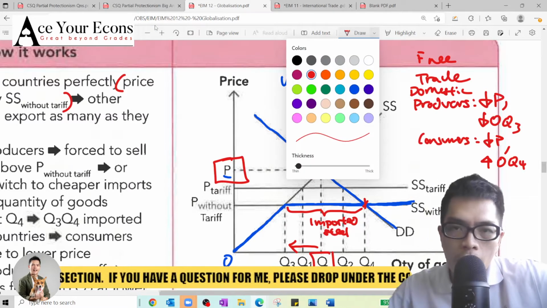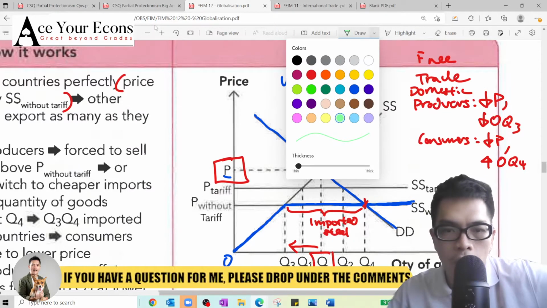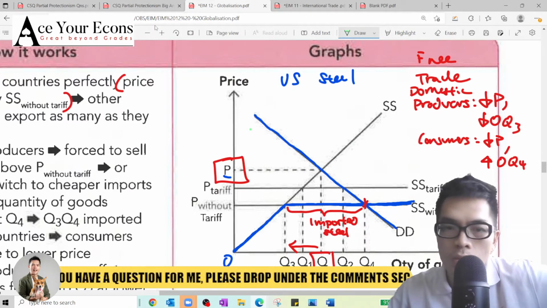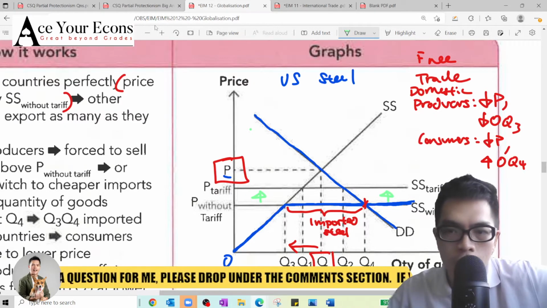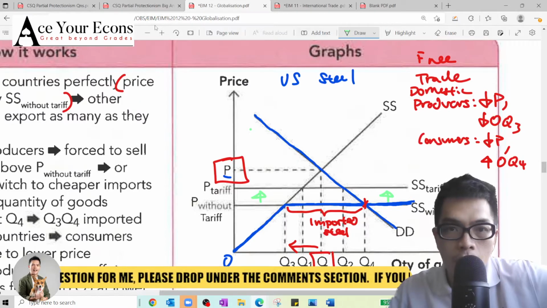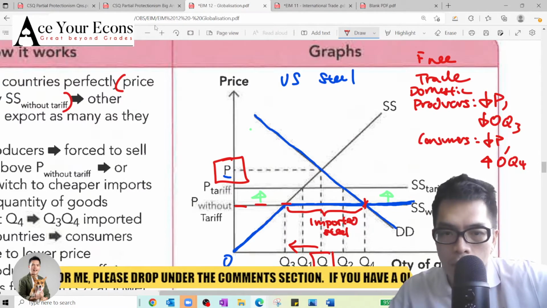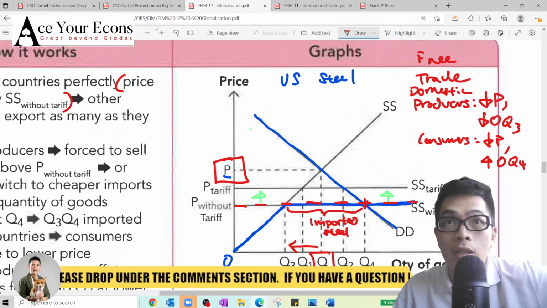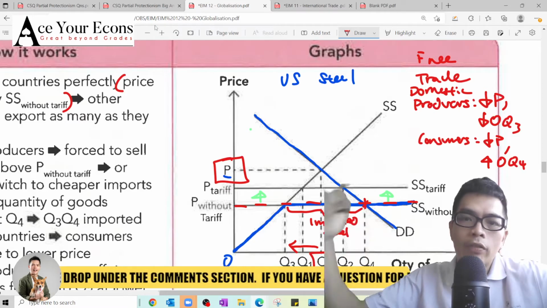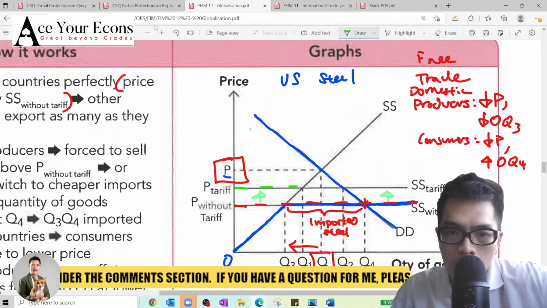A tariff raises the production cost of all your imports, so it is seen as an upward shift in your supply curve. Remember just now I drew a red line earlier on. This red line was initially the supply of all your imports, right? Now it got artificially raised, and the per unit cost of all your imports will be higher.